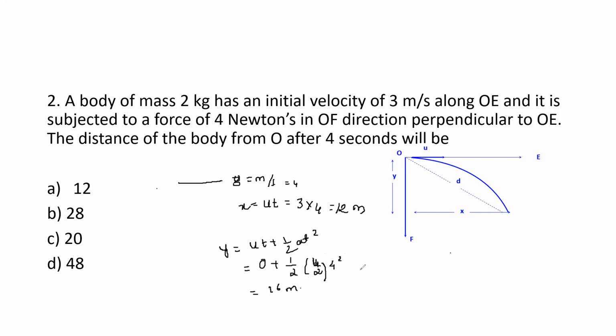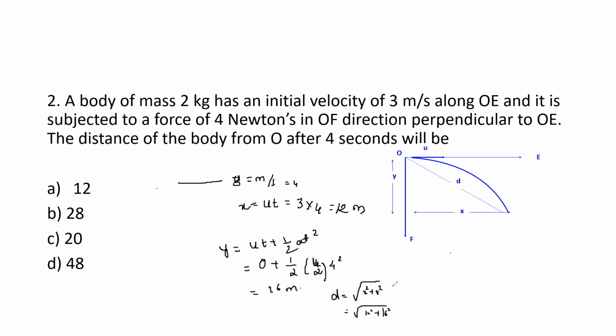That is the y value. Now the distance from O is given by D is equal to square root of x square plus y square. The x value is 12 square plus the y value is 16 square.